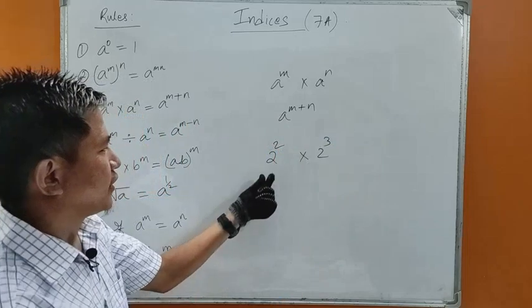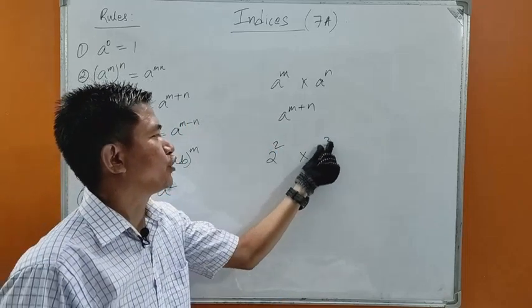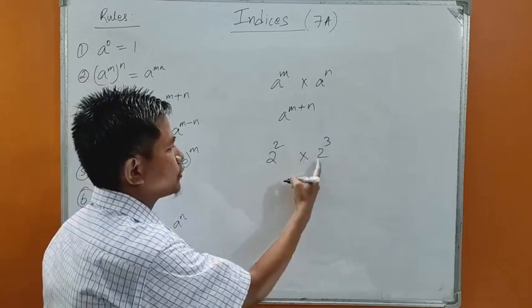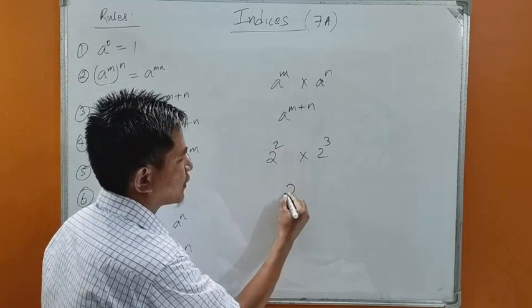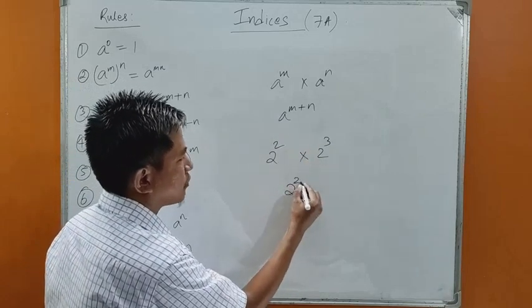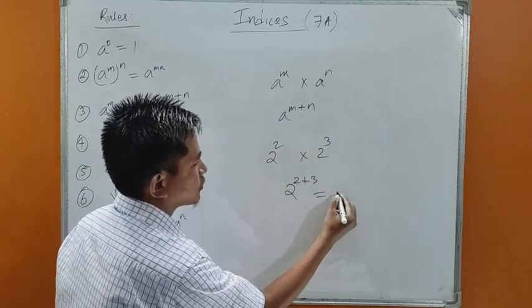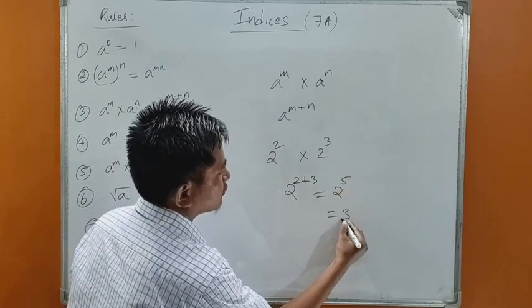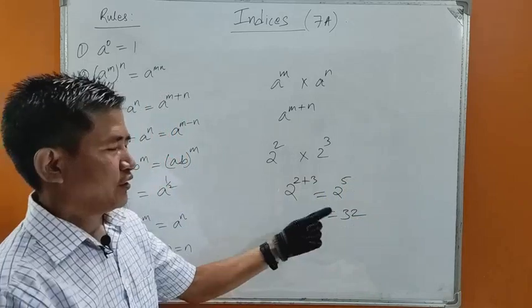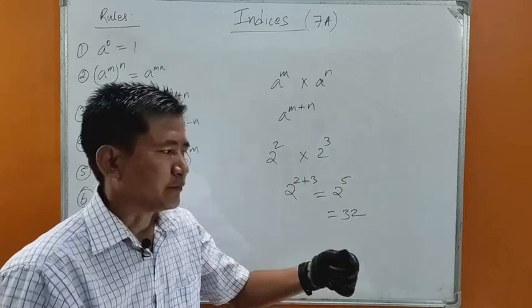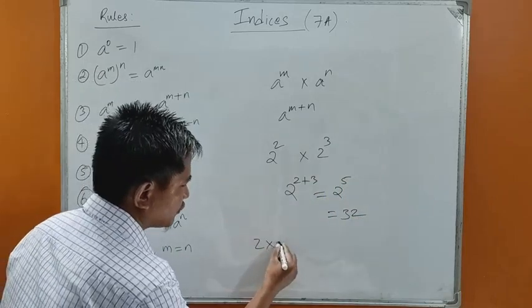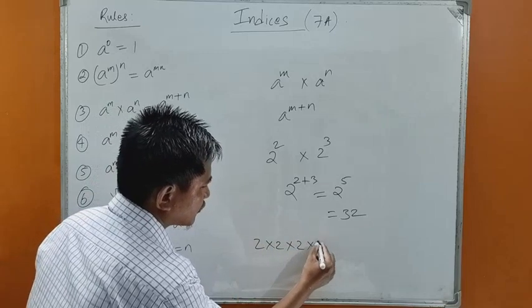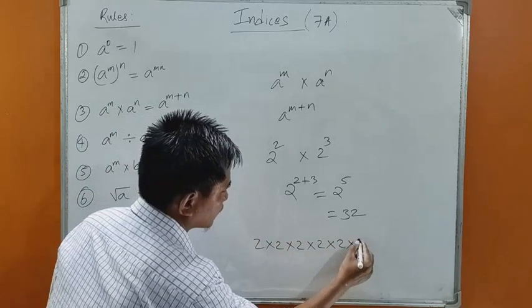Here the bases are the same, so we can add the powers, 2 plus 3. That gives us 2 to the power 5, and 2 to the power 5 means 32. It is 2 multiplied 5 times.